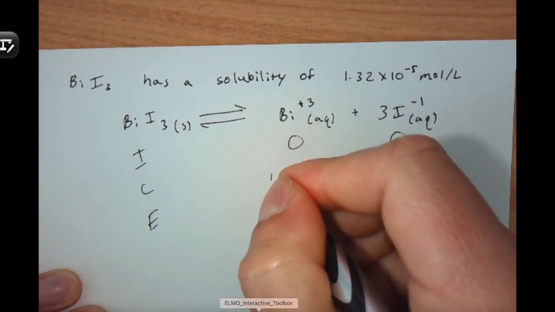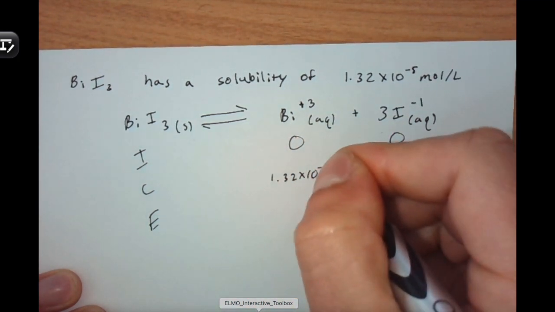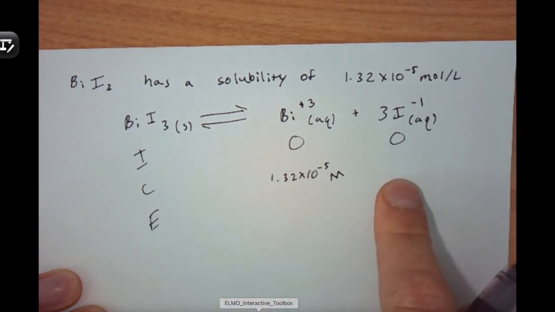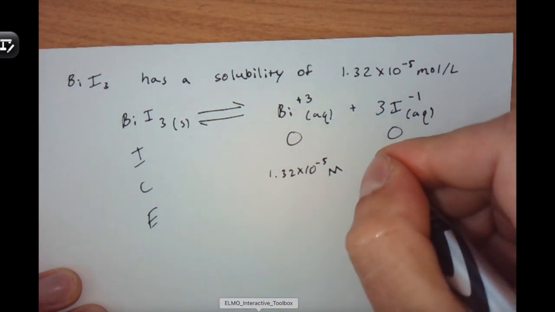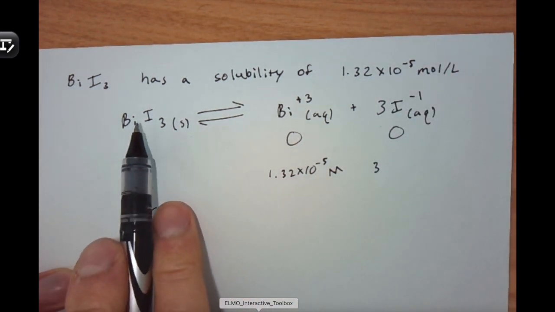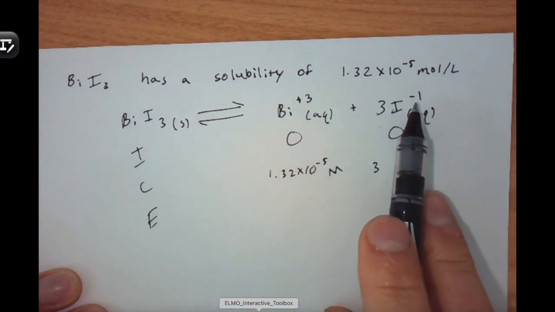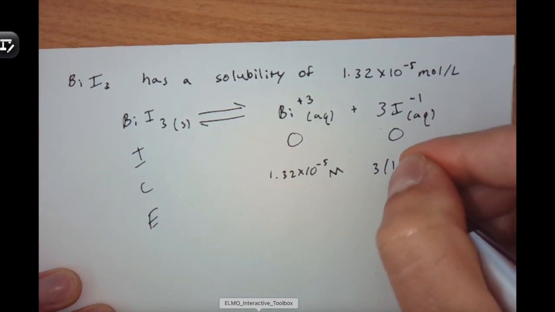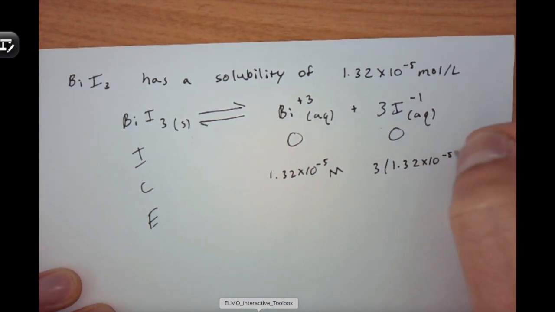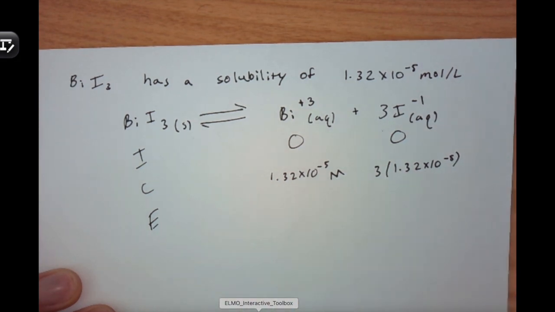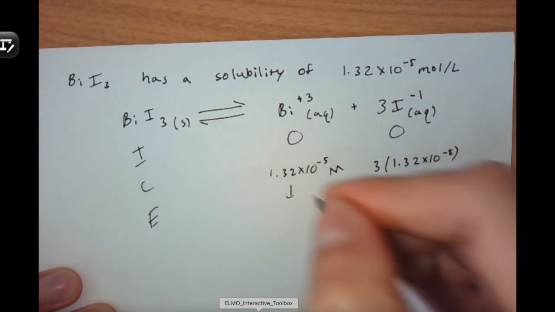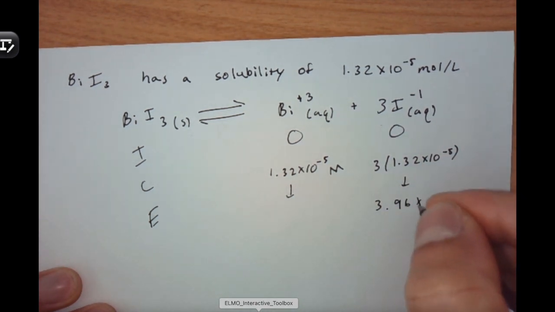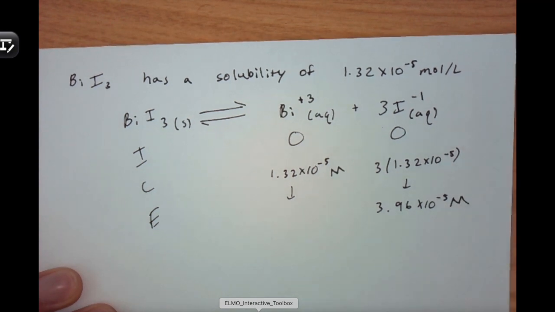I'm just going to write that the change is 1.32 times 10 to the -5th molarity, and then the change here would be 3 times this, 3 times as much. So when I break down one of these, I make 3 times as many iodine, so my change is 3 times as much for iodine, 1.32 times 10 to the -5th. And so my equilibrium values, this one stays the same, and this one would be multiplied by 3, which would make it 3.96 times 10 to the -5th molarity.